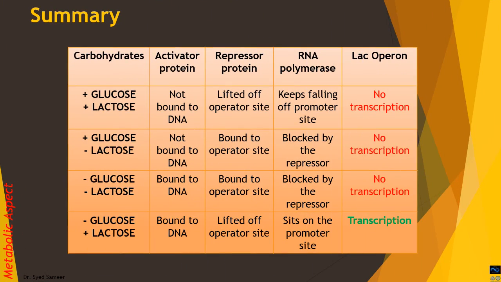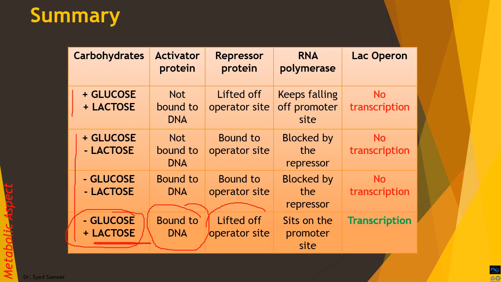Overall, the four scenarios of the absence or presence of glucose versus lactose can be shown in this diagram, and you will see that only once, when glucose is not present and lactose is present to be utilized, the activator protein CAP will bind to the DNA.